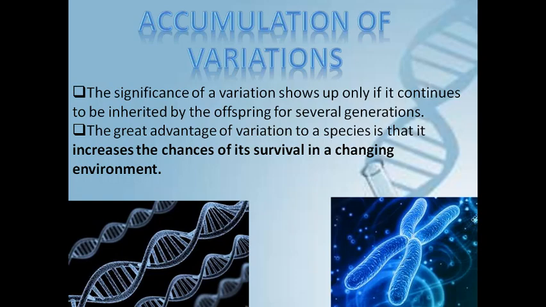I mean to say, variations accumulate over several generations, and then they express themselves in one of the generations. The greatest advantage of these variations in the species is that they increase the chances of survival of that species in a changing environment. So variations are good, variations are very essential.